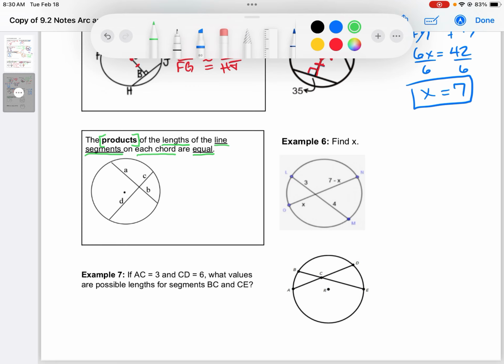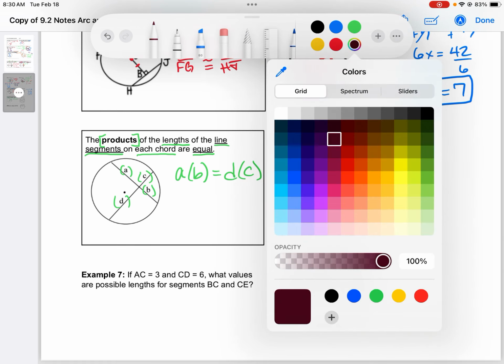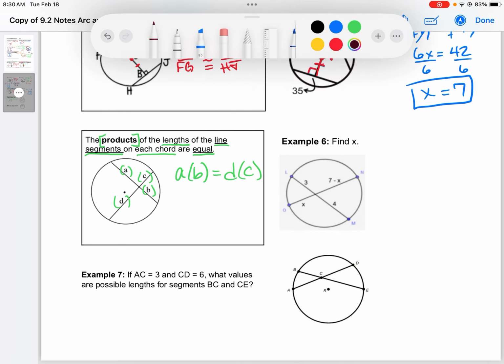So what this is saying is that A times B, the two segments, A and B, see how they're on one chord, are equal to DC. And so what this does is it allows us to find some missing or unknown chord lengths when we only know certain pieces of information.